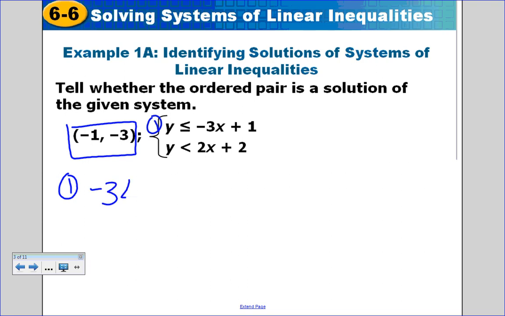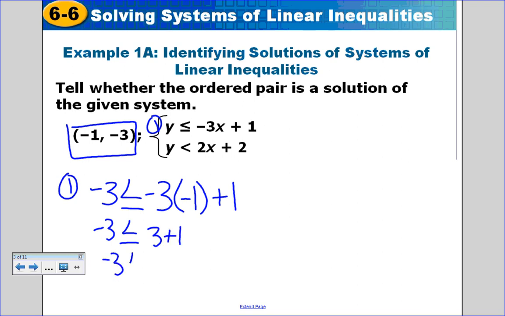So -3 is less than or equal to -3 times (-1 plus 1). -3 is less than or equal to 3 plus 1. -3 is less than or equal to 4. Is this true? Absolutely. So it works for the first one.